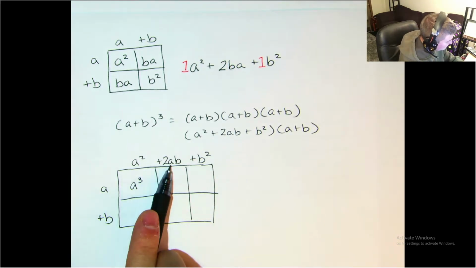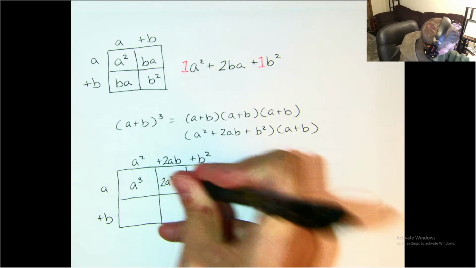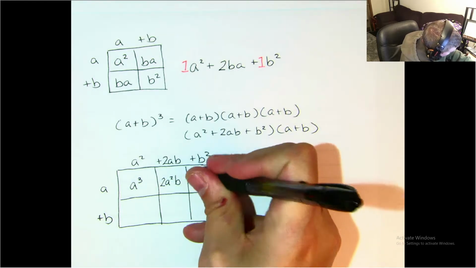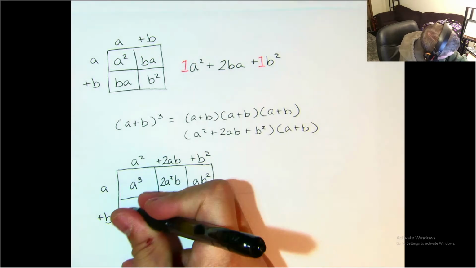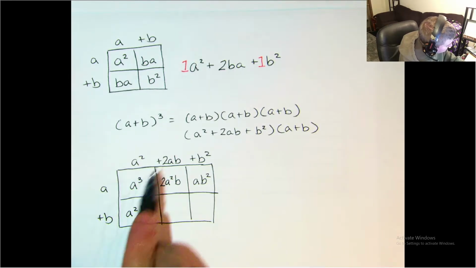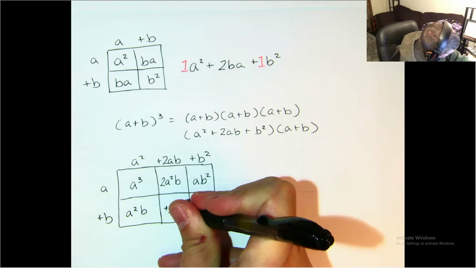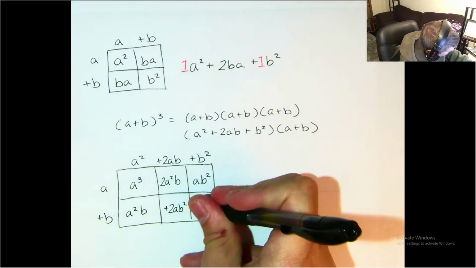A times 2ab is 2a squared b. A times b squared is ab squared. B times a squared is a squared b. B times 2ab is 2ab squared. And then b times b squared is b cubed.